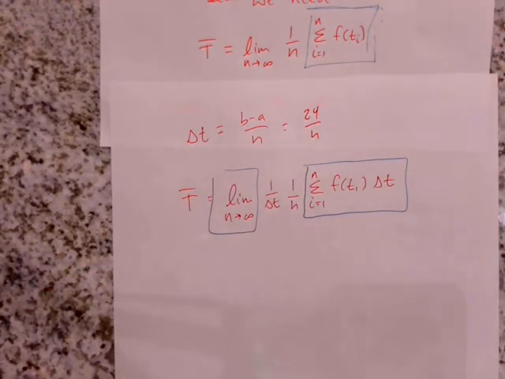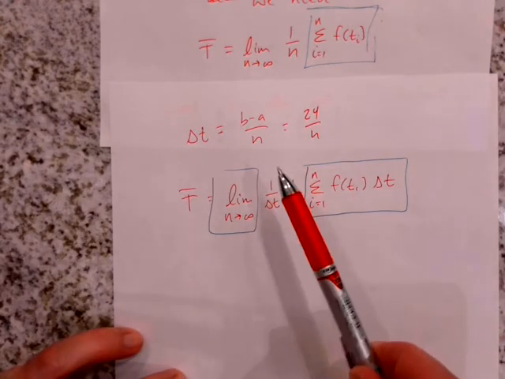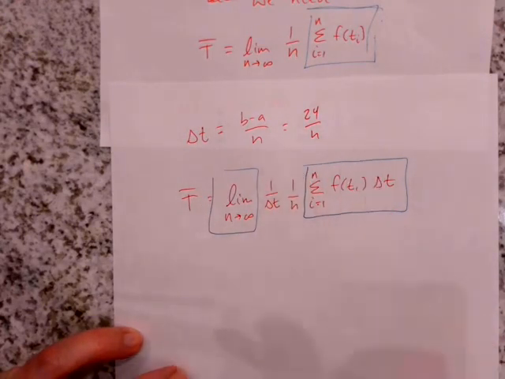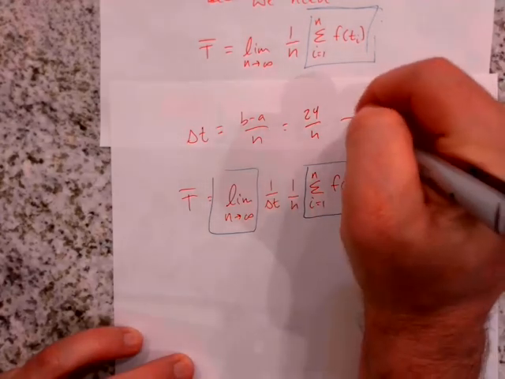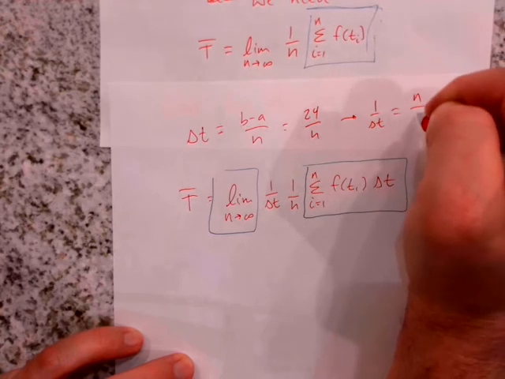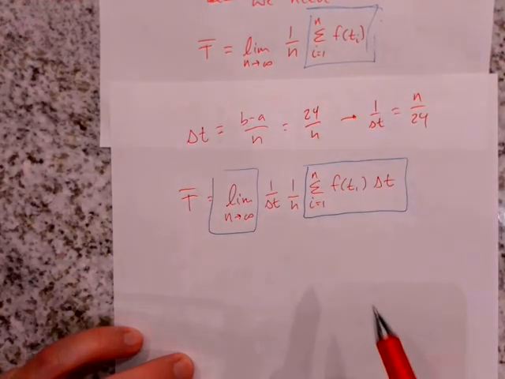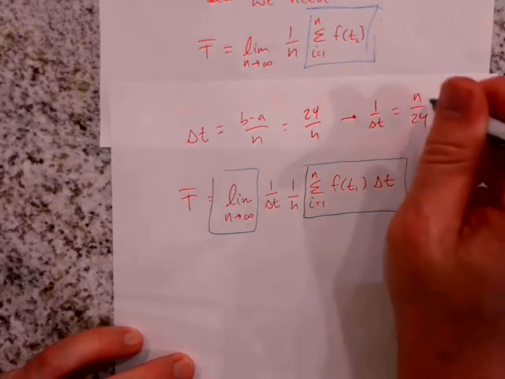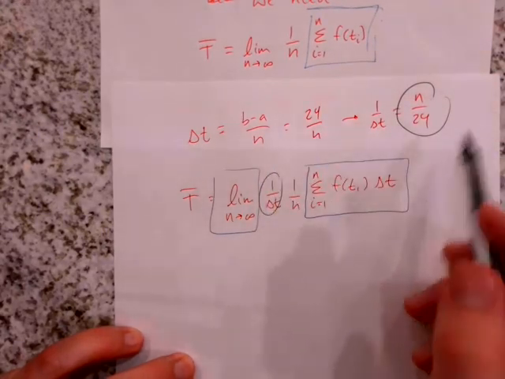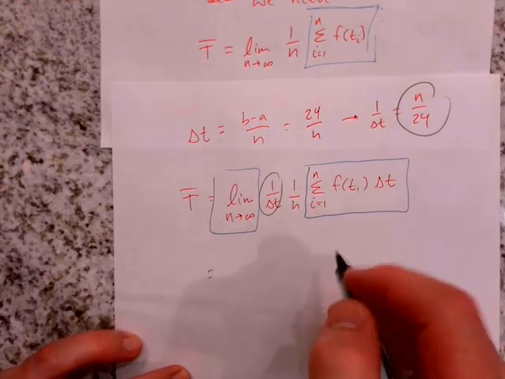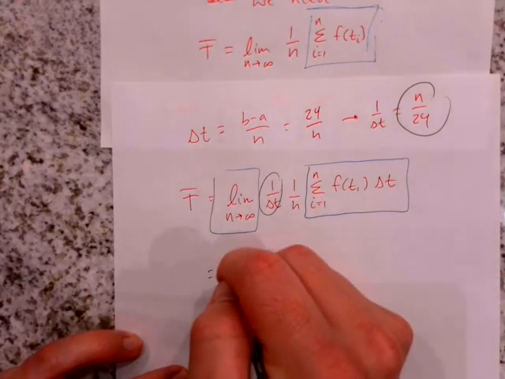The last thing to do: delta t is 24 over n, which means that 1 over delta t is the reciprocal, n over 24. When you plug this in for 1 over delta t, the two n's cancel out, and it gives you a constant 1 over 24.